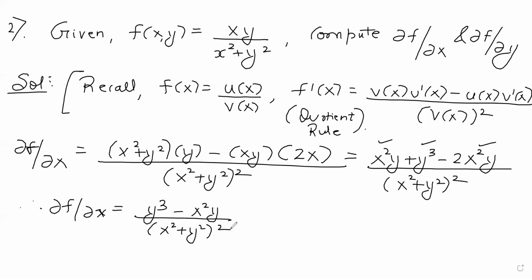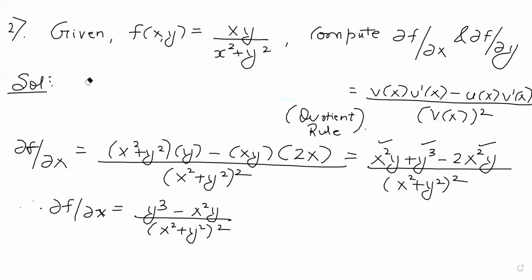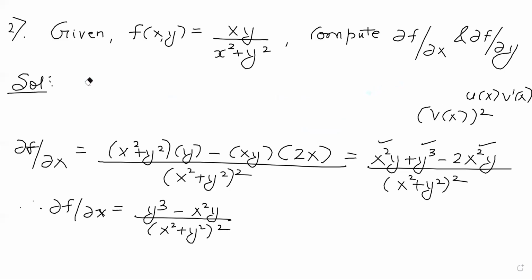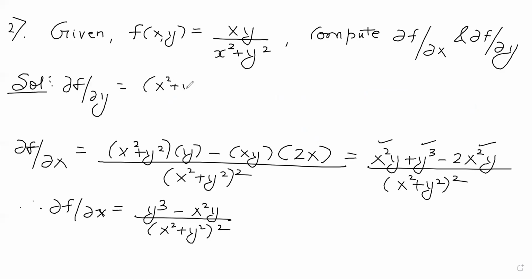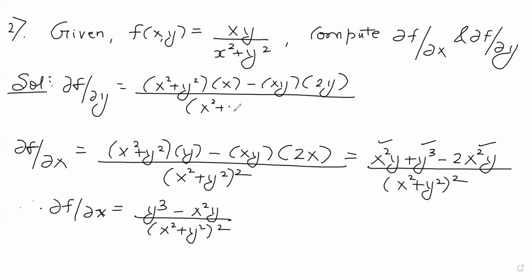Okay, and on similar lines we can quickly find out del f by del y. So for that I am erasing the quotient rule now because all students know this rule by now. So if I now find del f by del y, it's going to be denominator into derivative of numerator minus numerator into derivative of denominator upon denominator square.